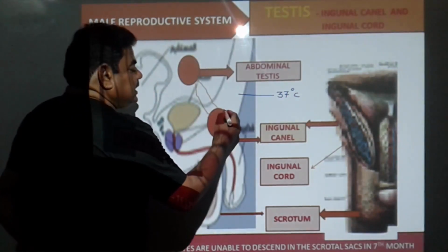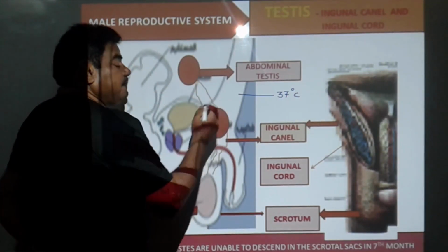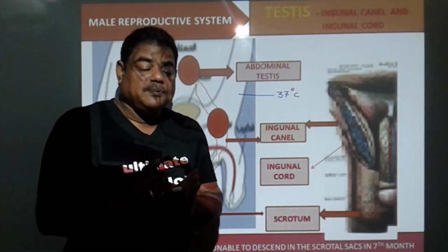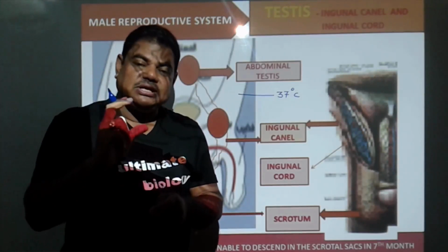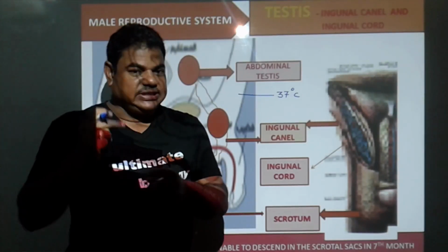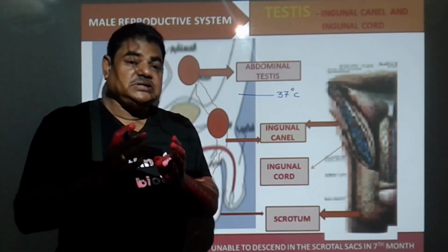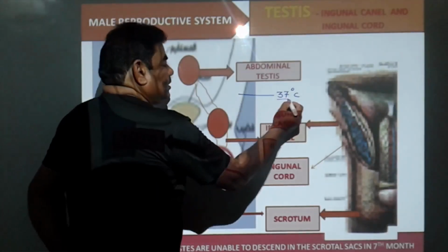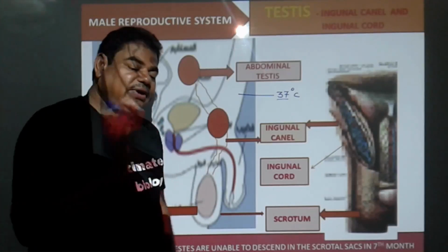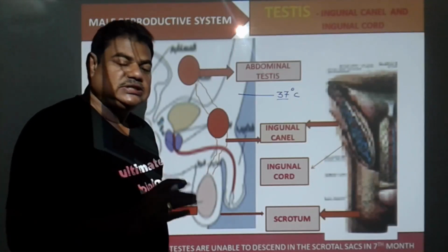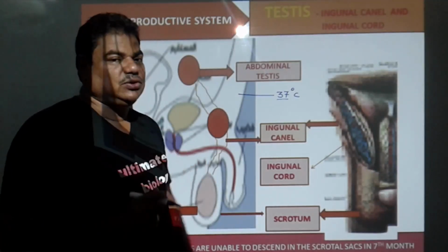At 37 degrees centigrade, if the testis remains in the abdominal cavity, the production of sperm, the process we call spermatogenesis, which is carried out in the testes by meiosis cell division, gets affected. Means high temperature like 37 degrees centigrade affects the process of spermatogenesis, and in some males it leads to sterility also.